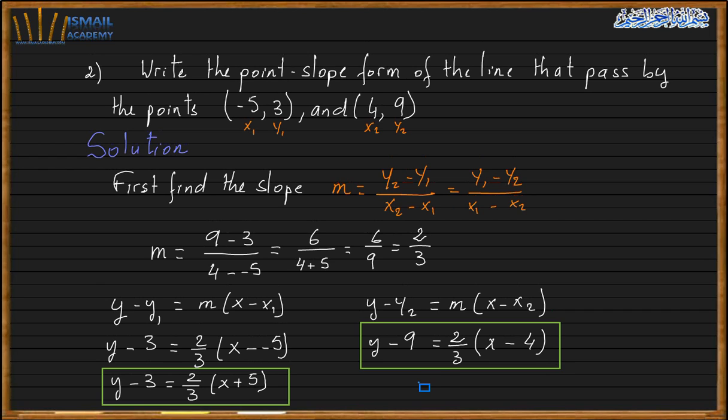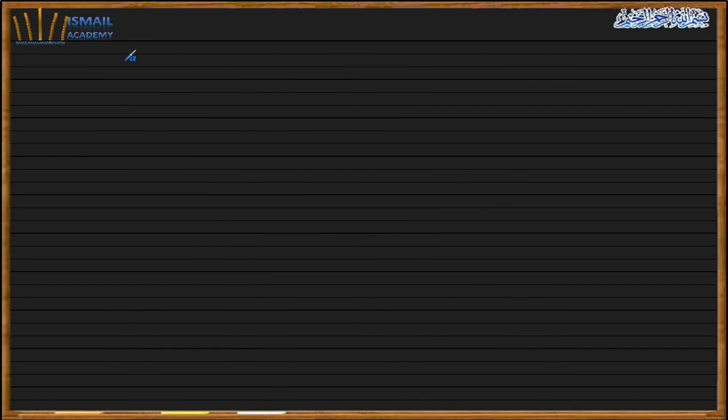So let's move to step 4. So we are going to slope-intercept form. The slope-intercept form is defined by y equal mx plus b. This is the most known form by most of the students.